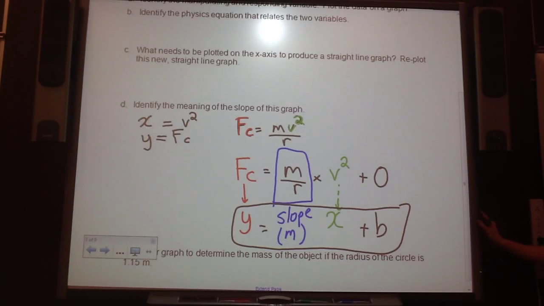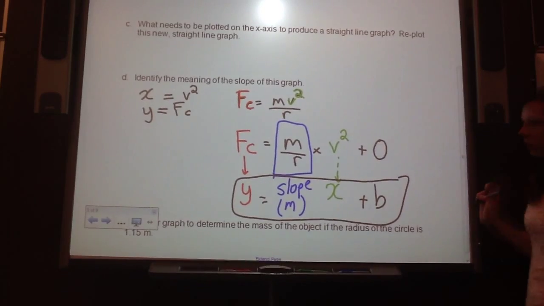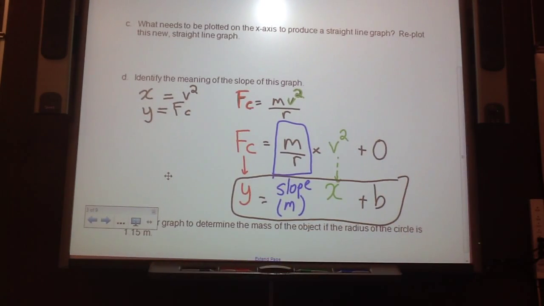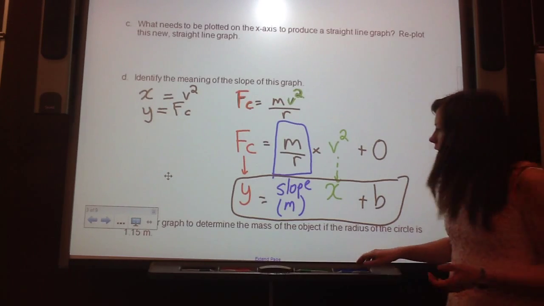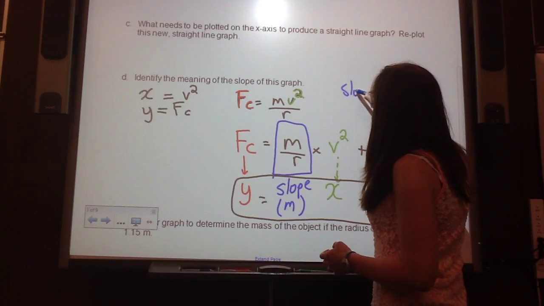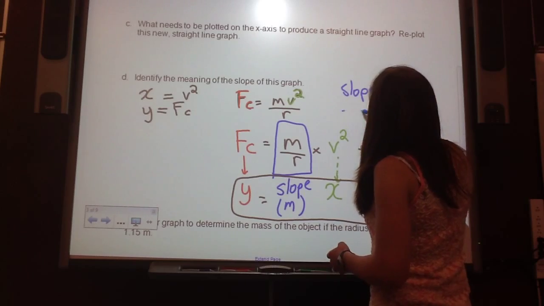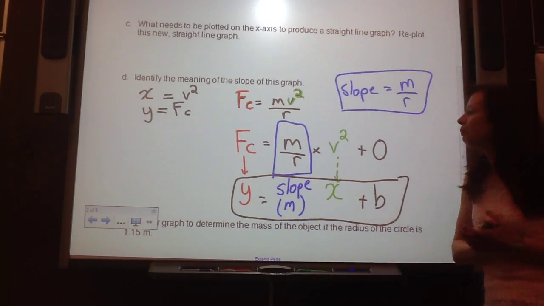See that? So to answer the question for D, we would say that slope is equal to m divided by r. That would be the answer for this question.